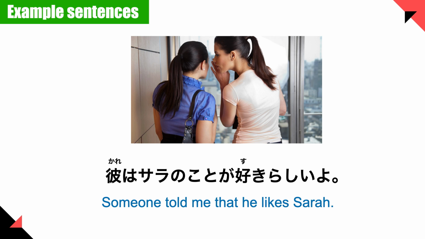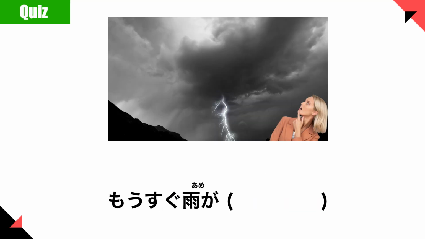Right, so I translated it into someone told me that he likes Sarah because you're not so confident. It's just a rumor, but I wanted to tell you that. There's a nuance to that らしい. It's a rumor, not so confident. So keep that in mind.